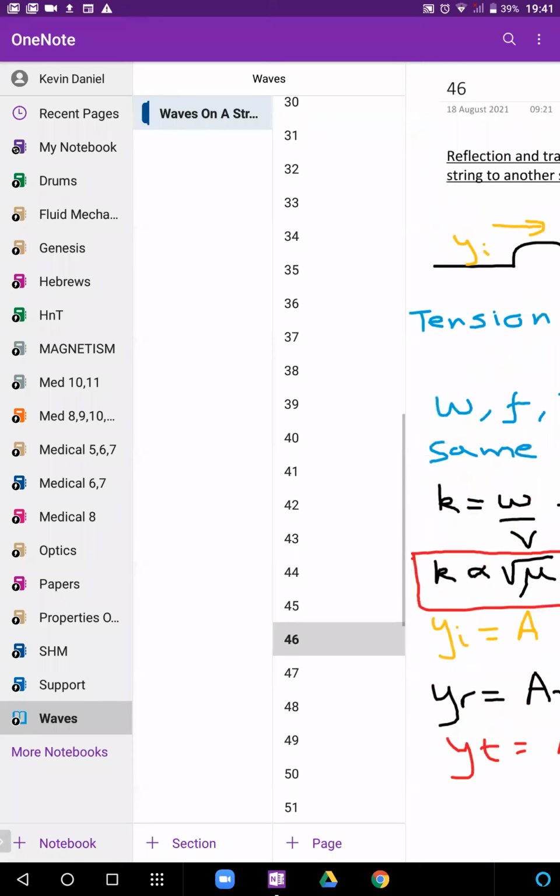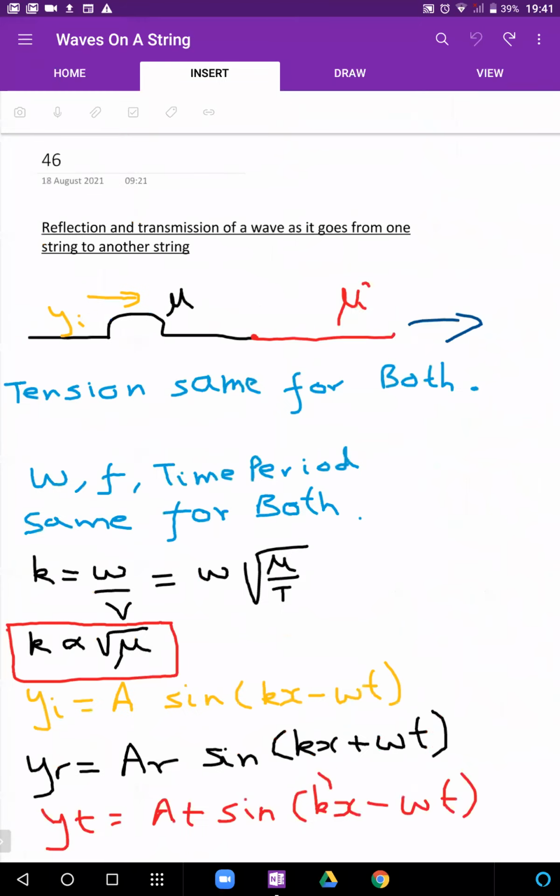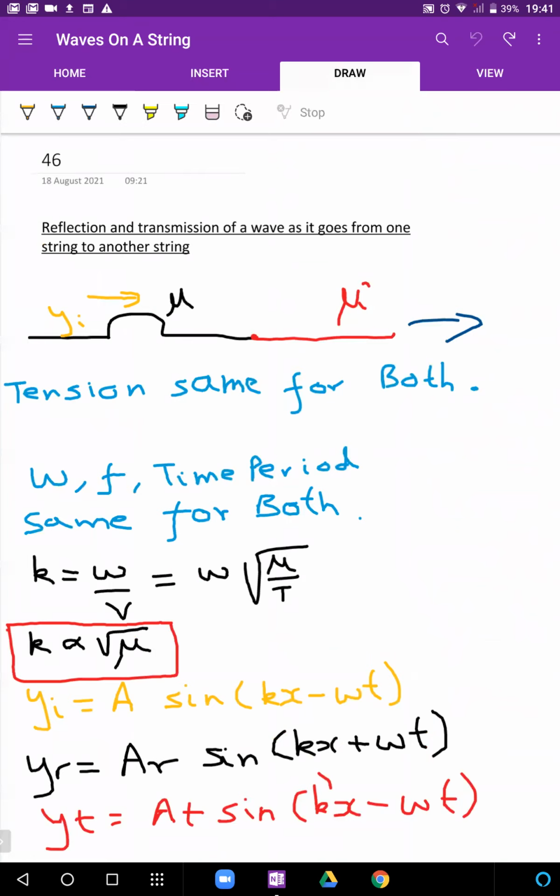So before I show you that page, can we think now? I need to find AR and AT in terms of A. AR and AT are two unknowns, so I need two equations. Now, the first equation is a direct relation between these three, A, AR, and AT.